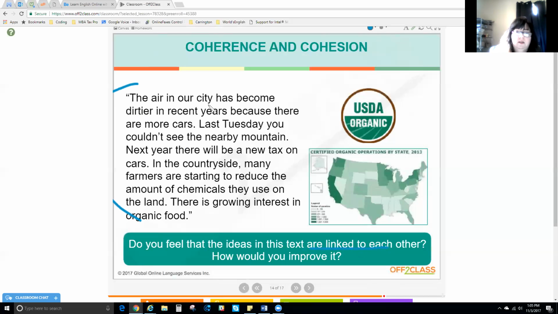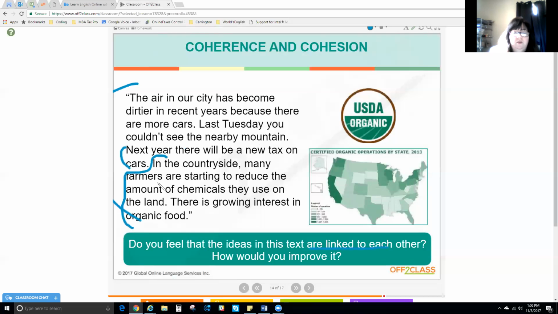Let's look at it again. The air in our city has become dirtier in recent years because there are more cars. Last Tuesday, you couldn't see the nearby mountain. Those sound okay together, right? But then all of a sudden, we're talking about taxes on cars. And then all of a sudden, we're talking about chemicals that farmers are using on the land.